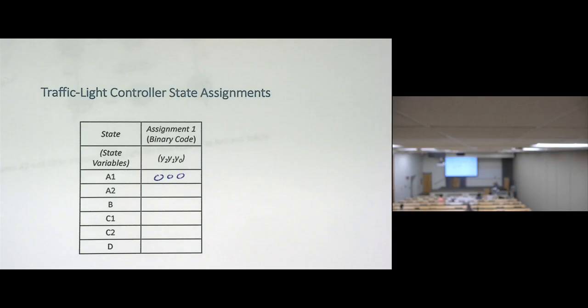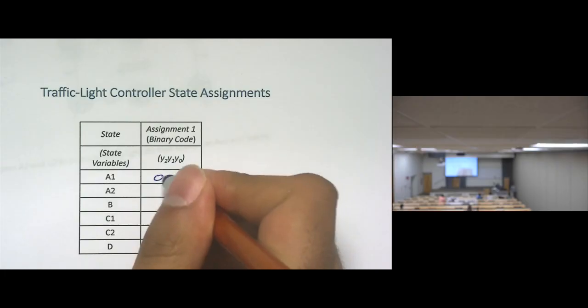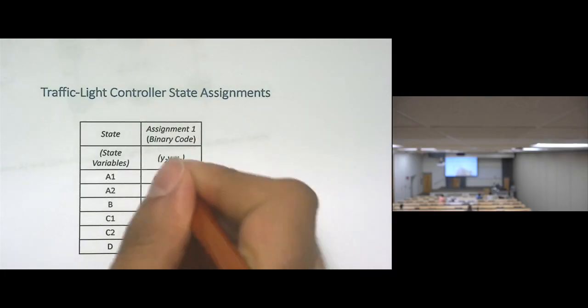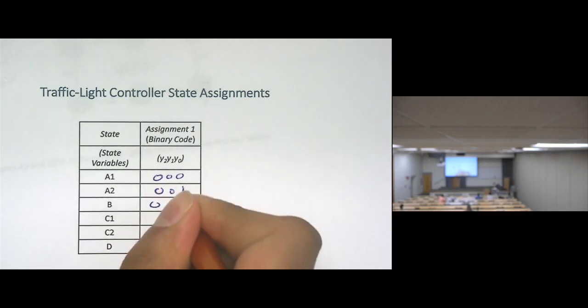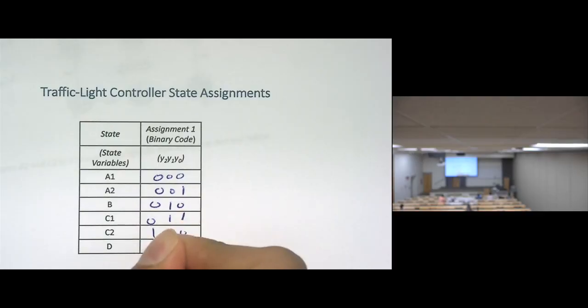You can make any assumption you want. But I'm going to try to make them more convenient for us, as an order. So 0, 0, 0. Then 0, 0, 1, 0, 1, 0, 0, 1, 1, 1, 0, 0, 1, 0, 1. This is a more convenient sequence for us, so it can be easy to follow.